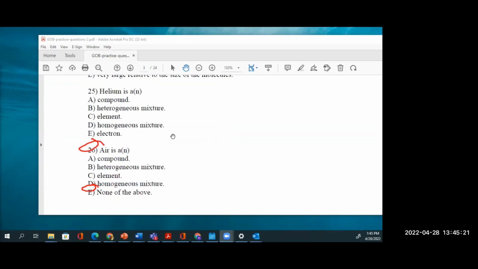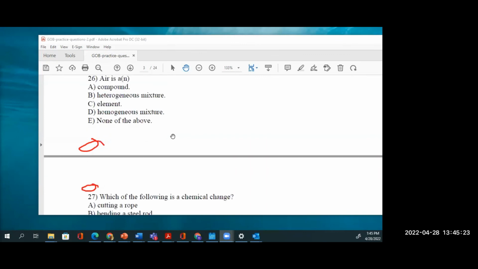Like, when are they going to get hard, right? Air is a compound, a heterogeneous mixture, an element, a homogeneous mixture, E, none of the above.